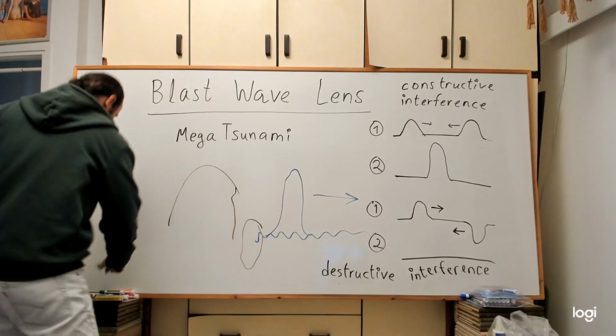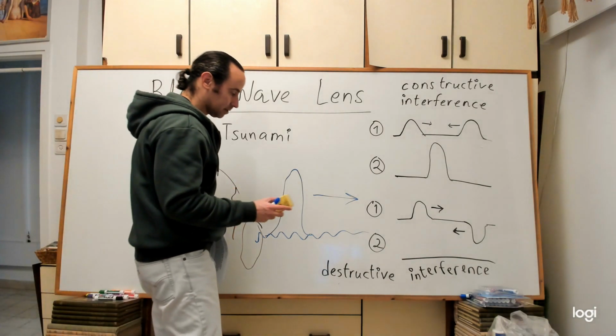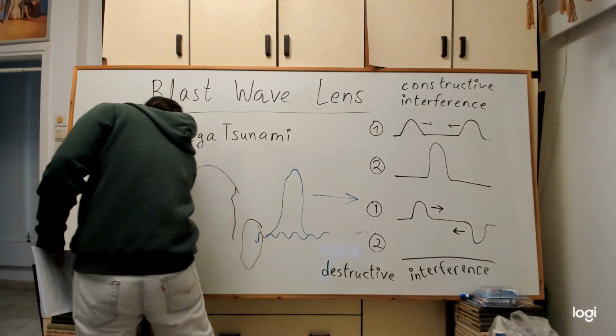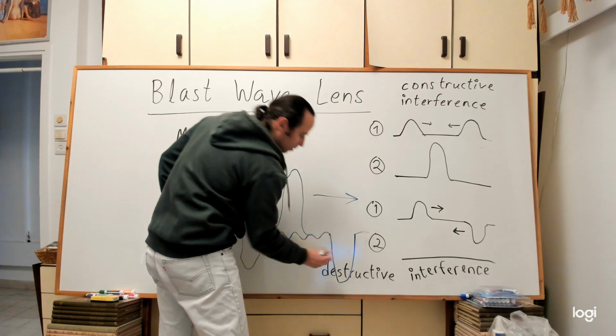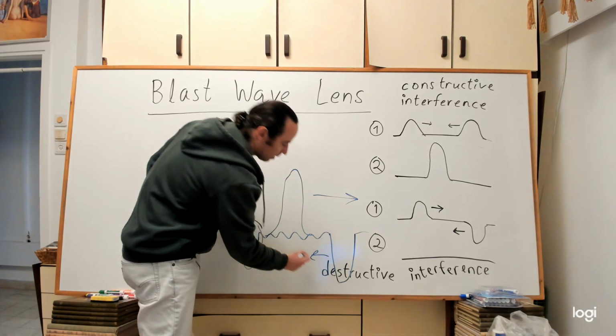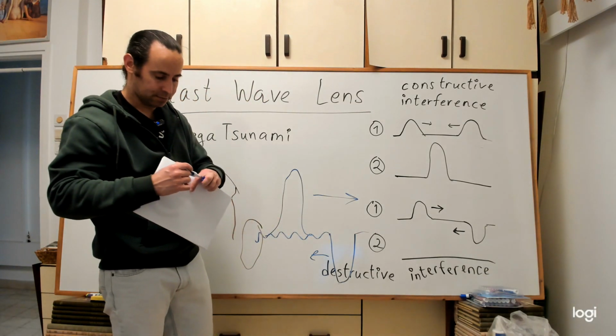It's more complicated, but eventually we make a tsunami like this, that cancels the other. This goes to here, and they cancel each other out, and there is a flat sea.